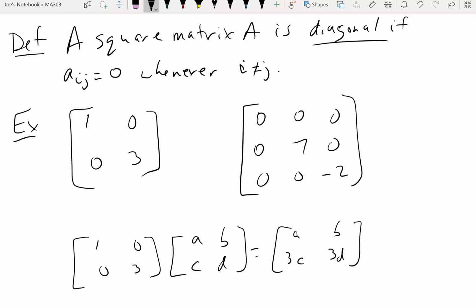And this entry gets multiplied by the second row, and nothing else happens, because there's zeros everywhere else.